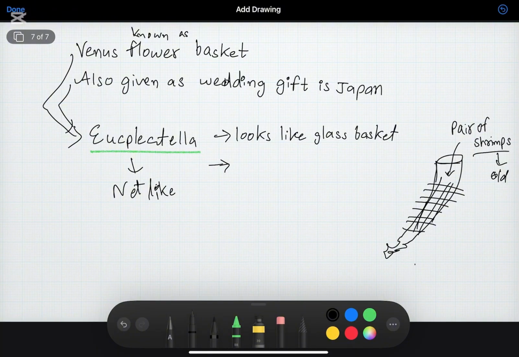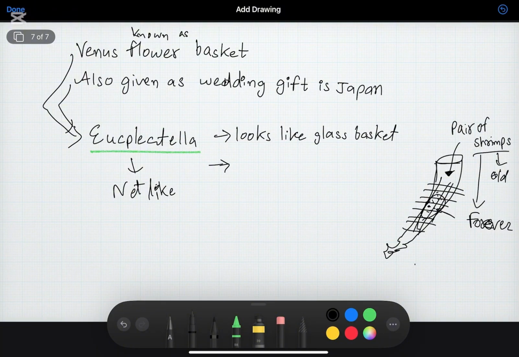As it is a net-like structure, the food, the water, and the other organisms needed as nutrition for the shrimps go inside through this net structure. So when a shrimp goes in, it finds all its food inside. If you are getting everything at your place, why would you come out and work so hard, that also in your old age? That is the same thing a shrimp does. So a pair of shrimps lives inside the Euplectella forever. They live together forever and don't come out.